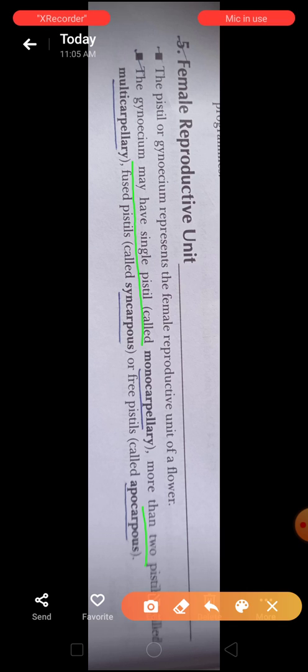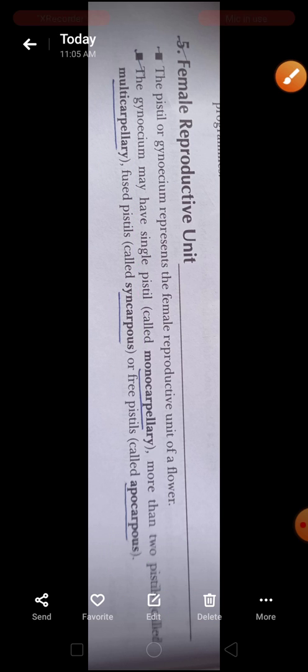If it has a single pistil, it is called monocarpellary, but if it has more than one pistil, it is known as multicarpellary. If the pistils in the gynoecium are fused, it is known as syncarpous, and if the pistils in the gynoecium are not fused, that is, they are free, it is known as apocarpous. See the figure.